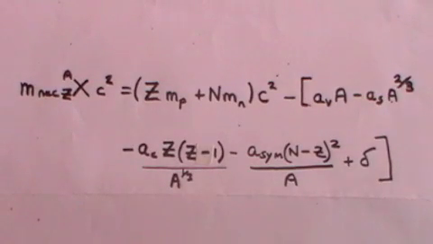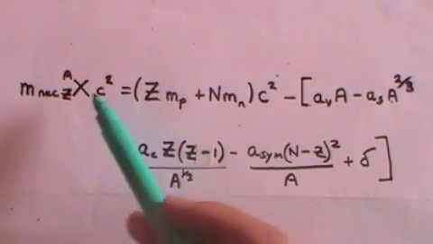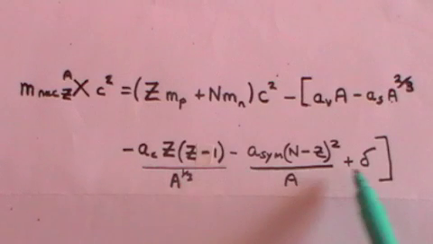And the answer is very simple. It is nature's insistence that it always wants to occupy the lowest energy. That's essentially all there is to it. So here is our semi-empirical mass formula, which we derived earlier.